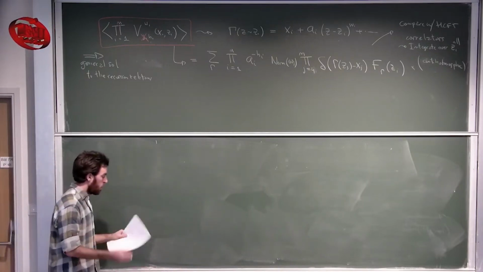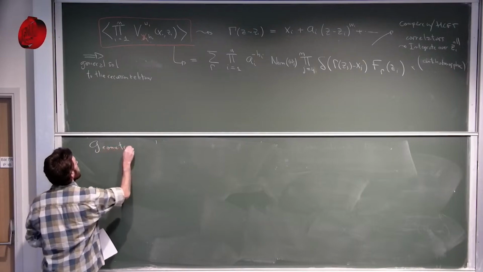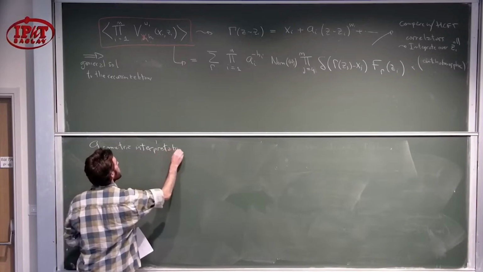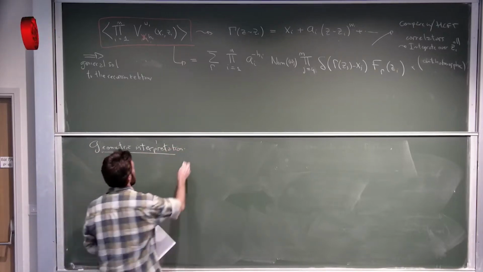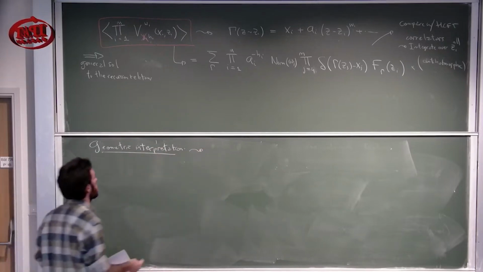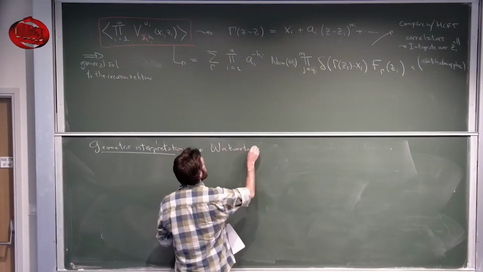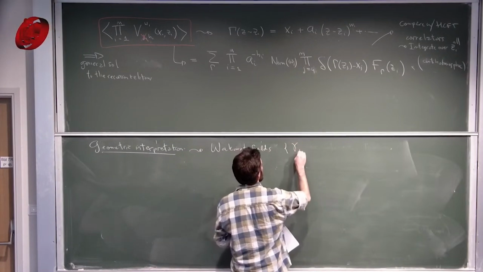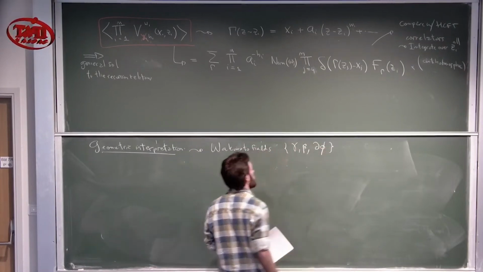Okay, so can we give a geometric interpretation? First of all, why would it be possible? I want to do this in terms of what's closer to geometry in this model, which are the Wakimoto fields. You should remember we have these fields called gamma, beta, and partial phi in the holomorphic sector.